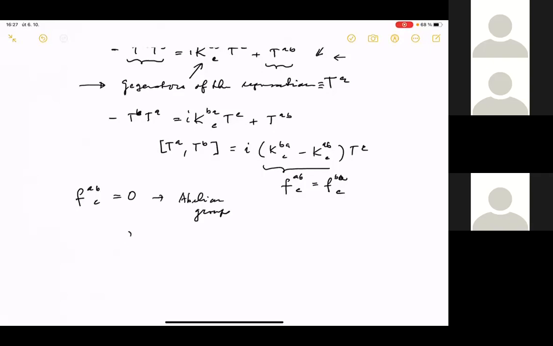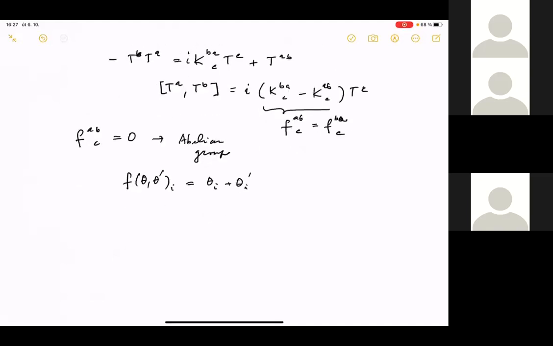In such a case, the composition law for multiplication is simply theta_i plus theta_i prime. In the case of an abelian group, we have the possibility to express U(g(theta)), the corresponding unitary operators, in terms of the operators T_A, the generators. Can we do it? We know that for finite theta, we can take as a parameter, instead of theta, the parameter theta over n, with n going to infinity.